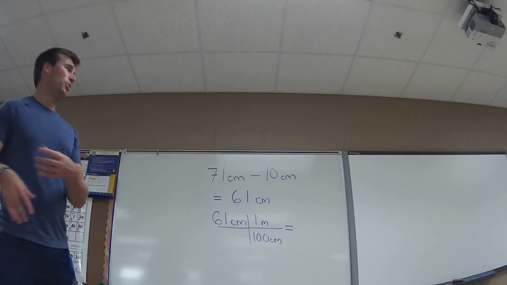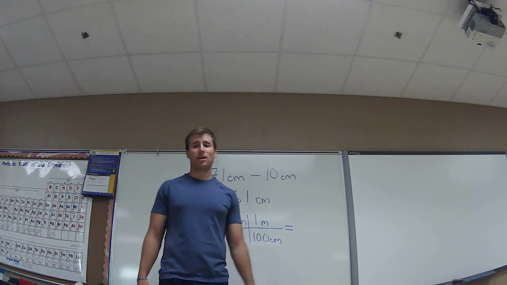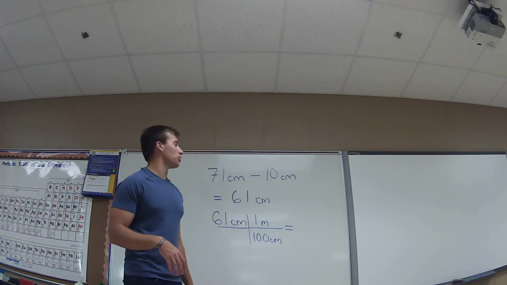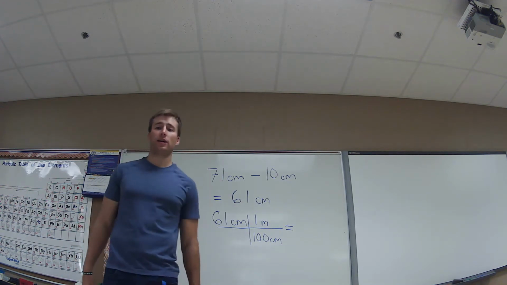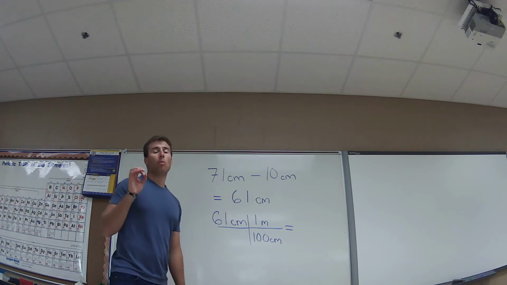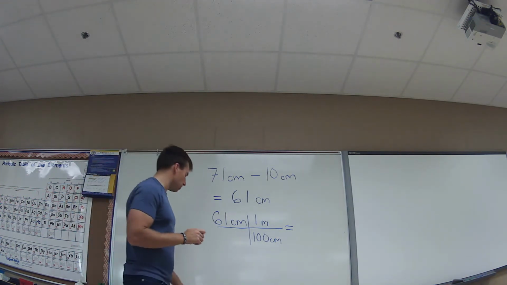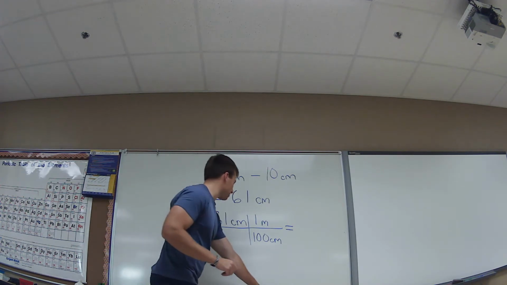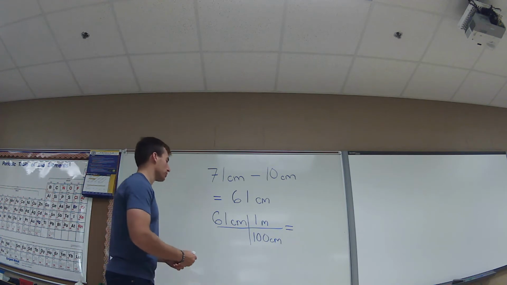So hopefully you're able to do that math and take 71 centimeters minus 10 centimeters to figure out that our actual length is 61 centimeters. So the width of that table is 61 centimeters. But we want this answer to be in meters. So we take this answer of 61 centimeters and convert that into meters.